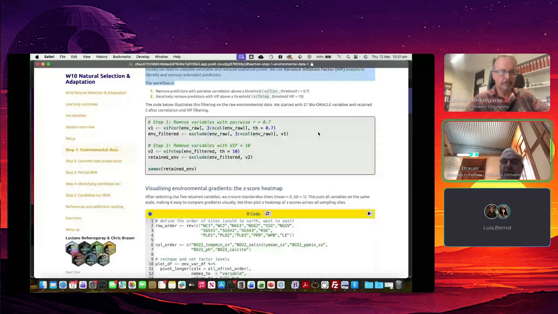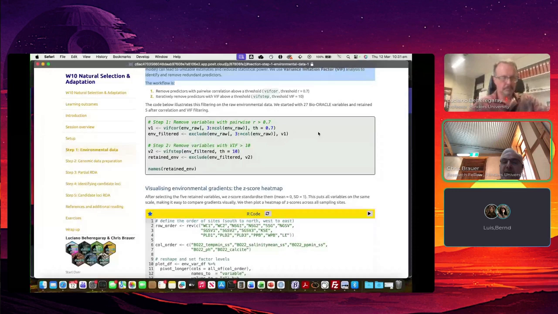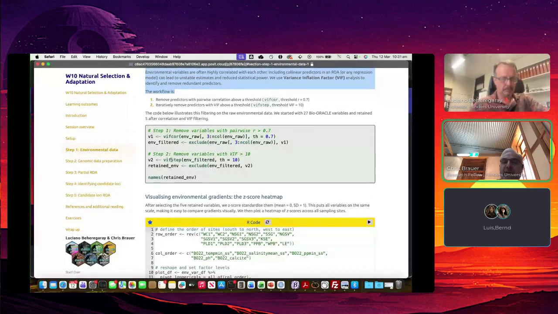Then you use another type of analysis called variance inflation factor. Basically, it takes your group of environmental variables and builds a model based on all of them except one, and then measures how much the variance increases in the whole model when you add that variable back in.